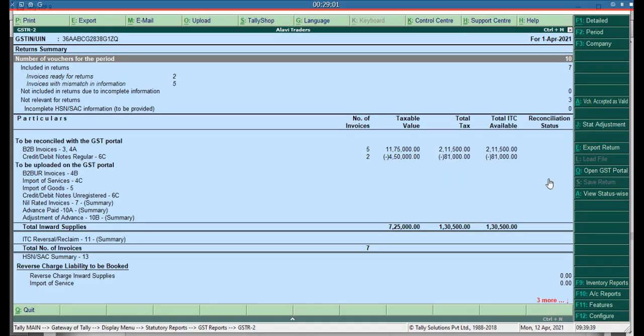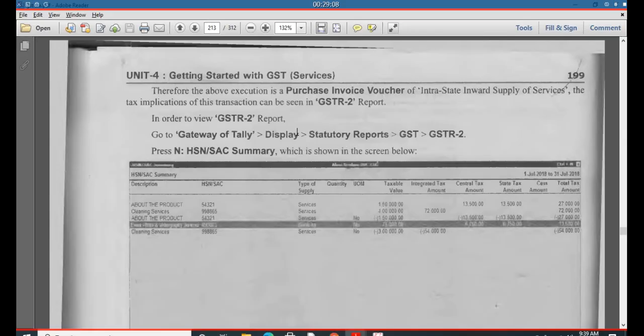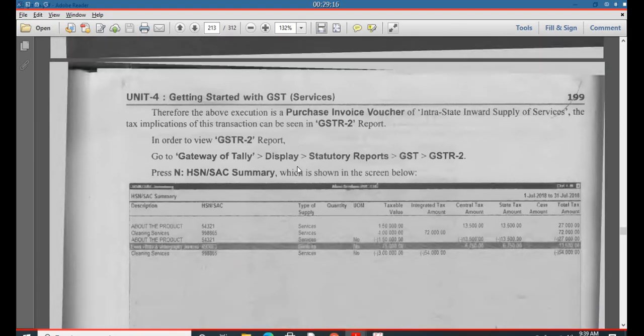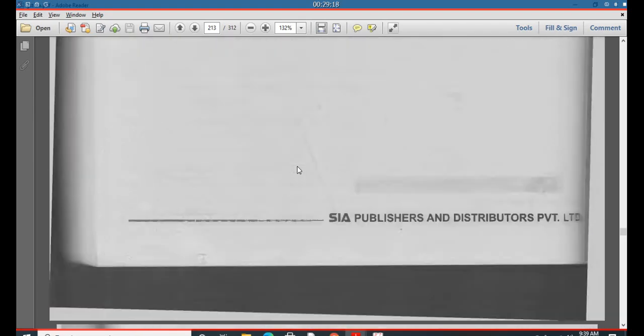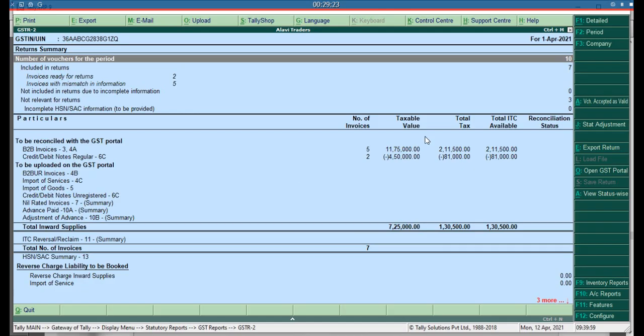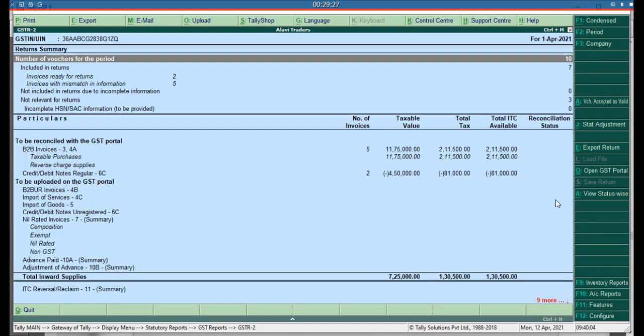Press N. HSN summary. It is the detailed report. Export returns, view status wise. GSTR2.